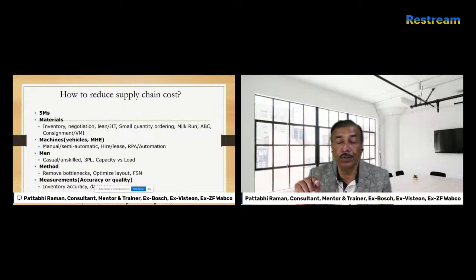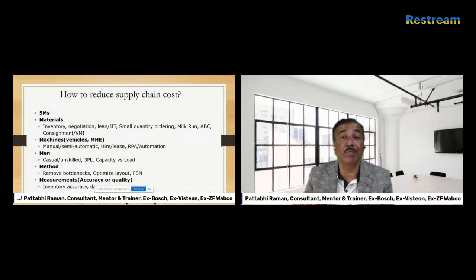For this, you need to do an analysis called FSN analysis: fast moving, slow moving, non moving. So, accordingly, you have to place the item. For example, a fast moving item should be near to the dispatch, the most preferred location. If you are keeping that somewhere behind or in some internal position, it's not okay.